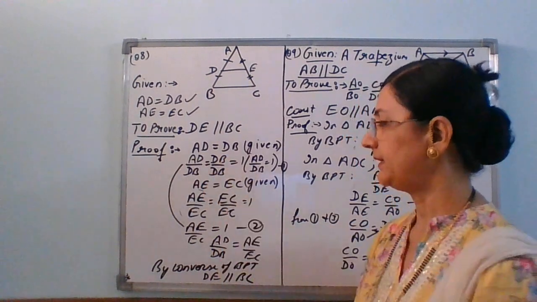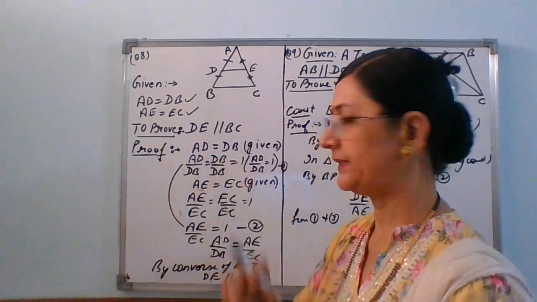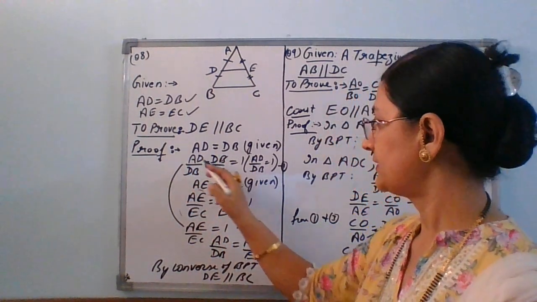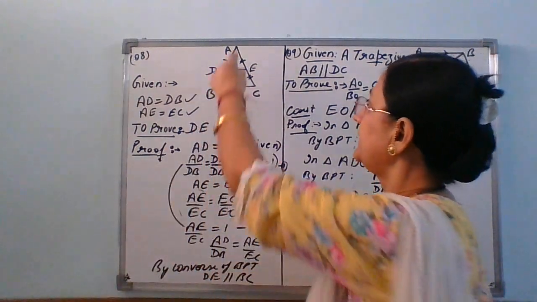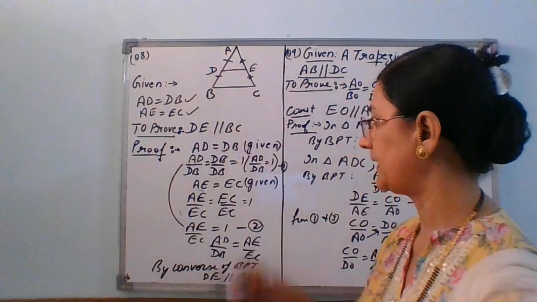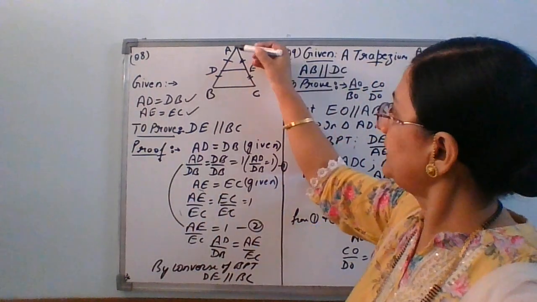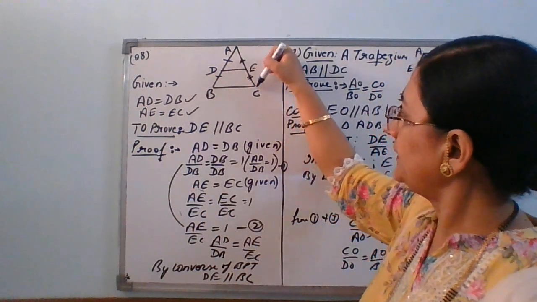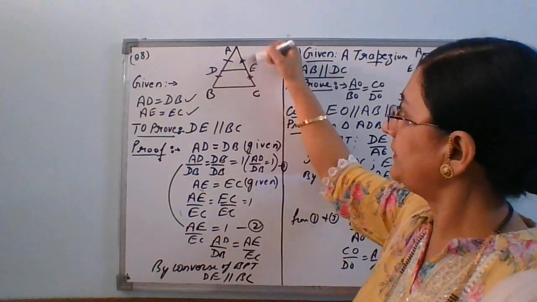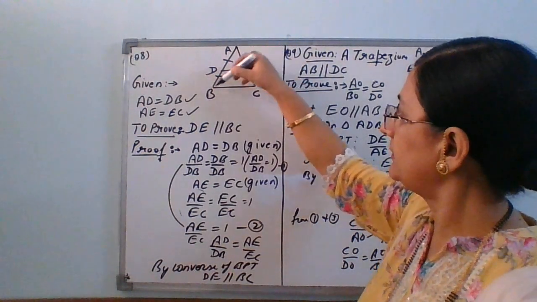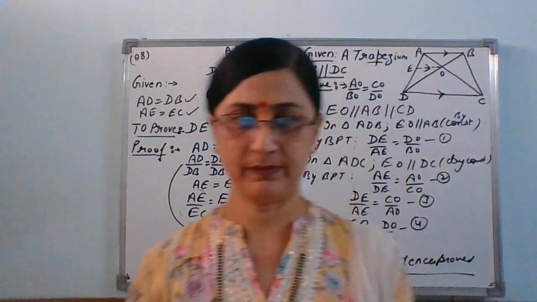AD को I'll be replacing with DB, so I'll get answer 1. So this ratio equals to 1. Similarly, AE upon EC also equals to 1. 1 1 same है तो both the ratios are equal. So in a triangle, AD upon DB is equal to AE upon EC. We have proved. We were able to prove. So DE will be parallel to BC by converse of BPT.